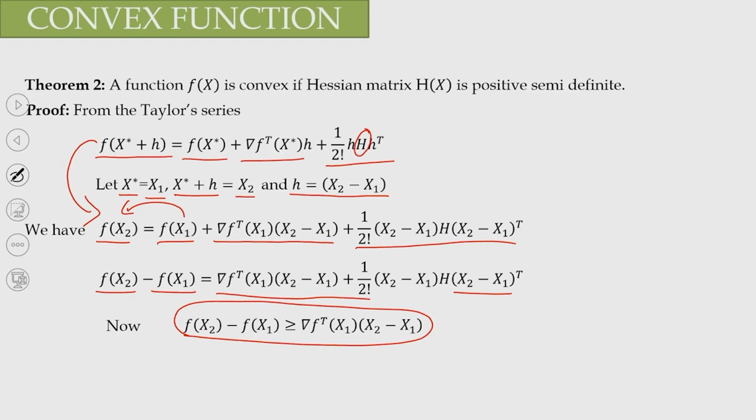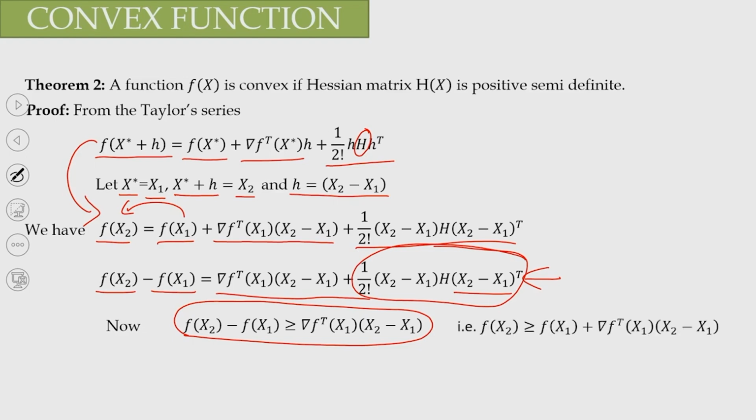Now, when will this be true? If you look at this particular line, this will be true when this term is positive, that is, when 1 by factorial 2 times (x2 minus x1) H (x2 minus x1) transpose is positive. So if this term is positive, then the condition will be true.